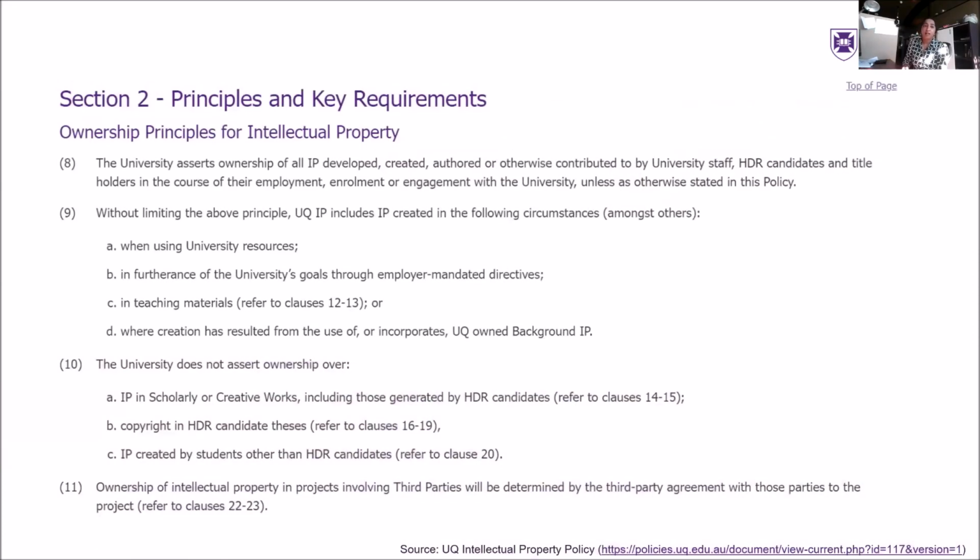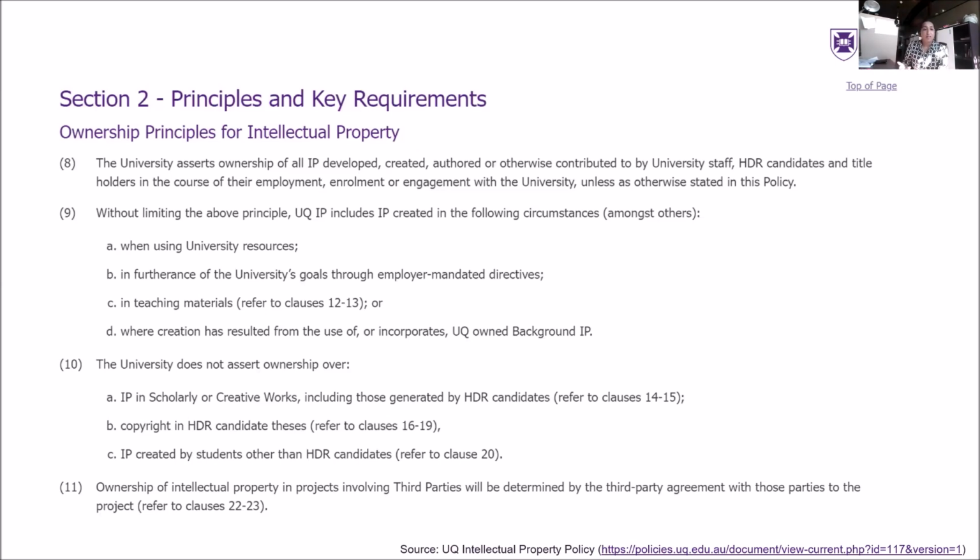I just wanted to give a little bit of an example. This is taken from UQ's open intellectual property policy. You'll see that the first clause is the standard ownership of IP clause, in that the uni asserts ownership of all IP developed, created, or authored in the course of employment, unless it is otherwise stated in this policy.